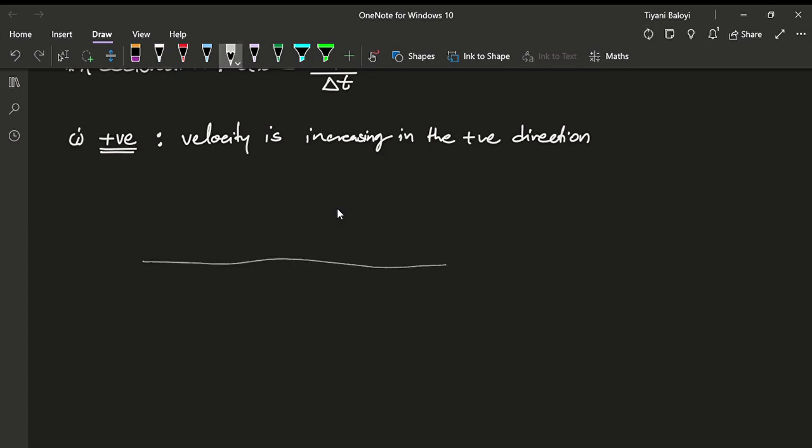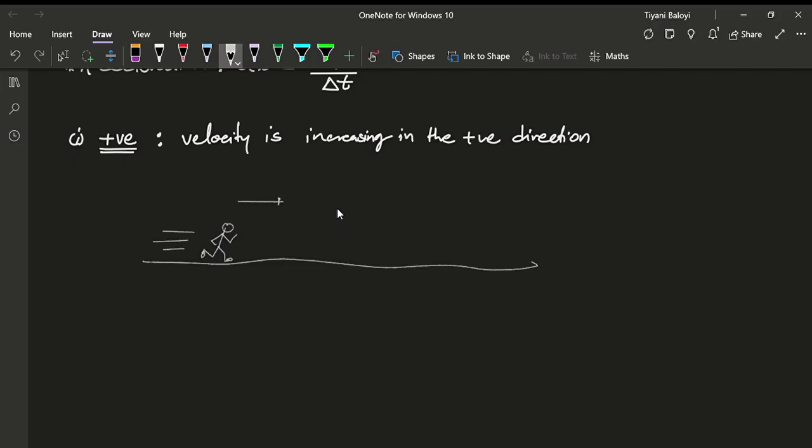So, for example, you have someone running like this. This is our person running, and we can indicate that the person is running to the right.